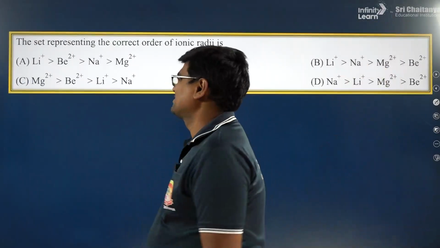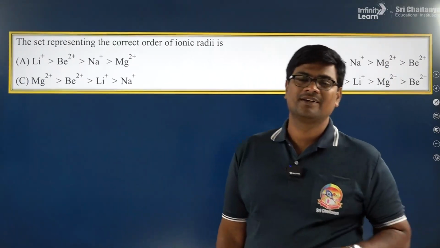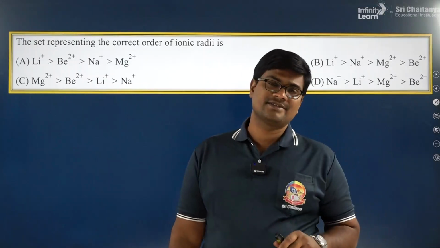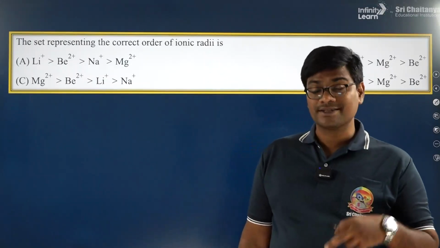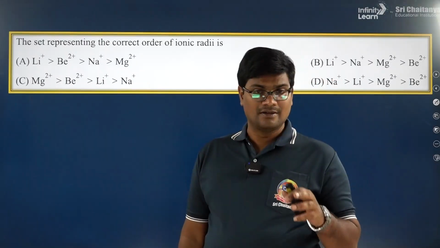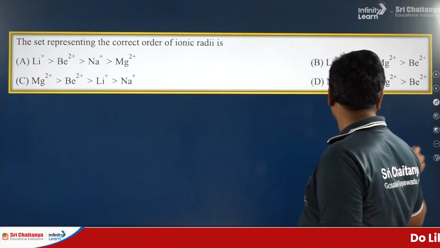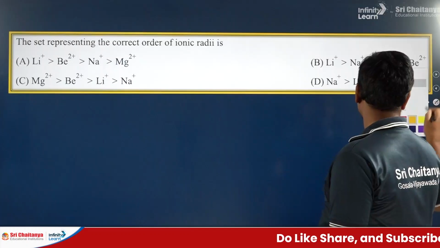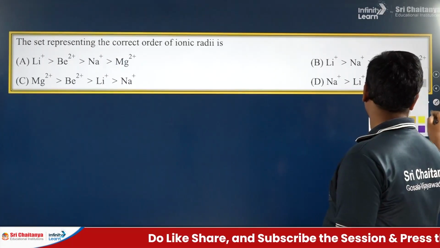This is about radius that we know. The general trend: down the group, radius increases, and left to right in a period, radius decreases. Now the question asks about the trend of ionic radius.